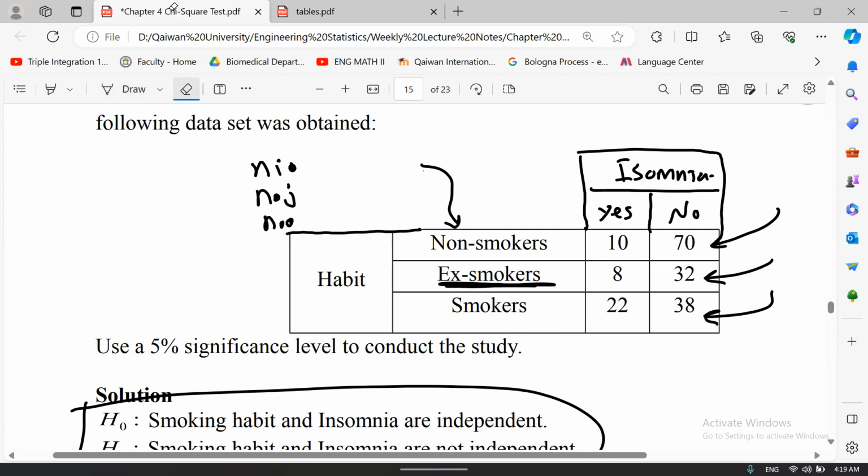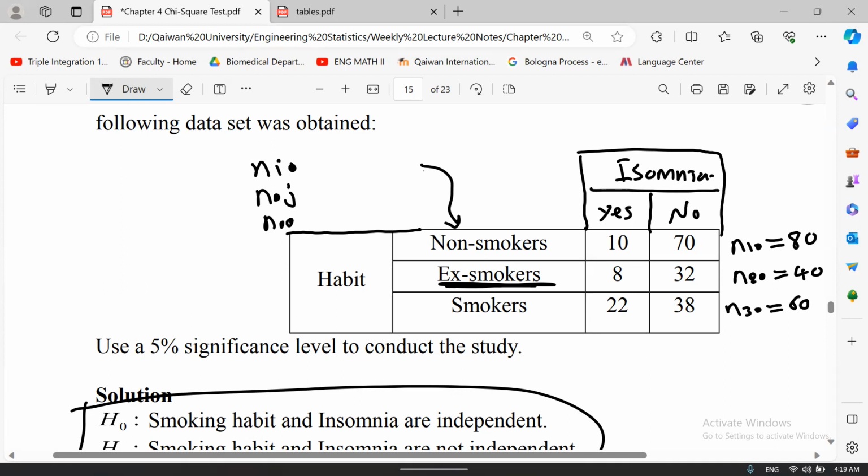Look, n1 dot is the sum of elements in the first row, which is 18. Then n2 dot is the sum of elements in the second row, which is 40. Then n3 dot is the sum of the third row, 60. These are n1 dot, n2 dot, n3 dot.